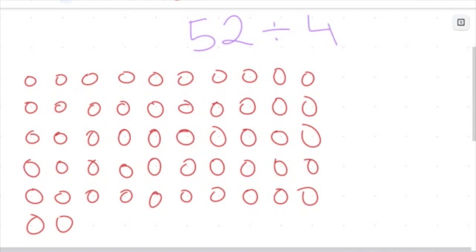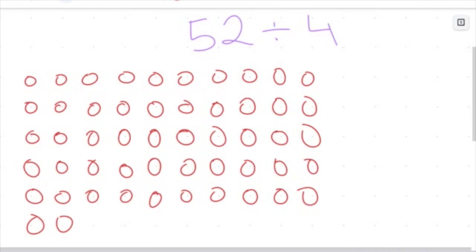Now, this goes past the times tables for 4 that we've done so far. So we need another strategy as these numbers get bigger, to think about possibly coming up with ways to divide these.